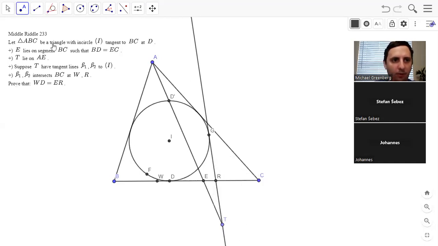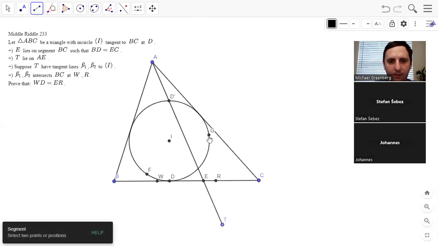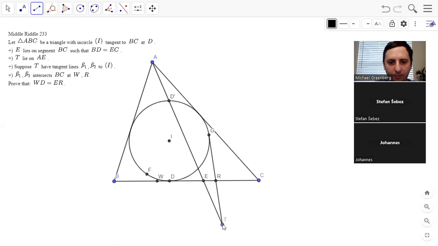All right, so when we apply Desargues involution theorem, how does that work?